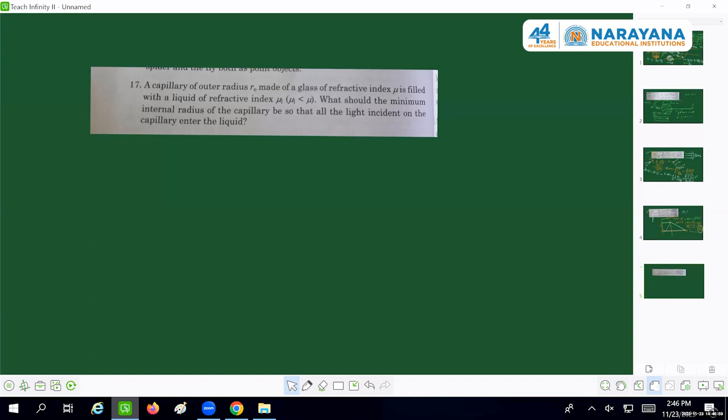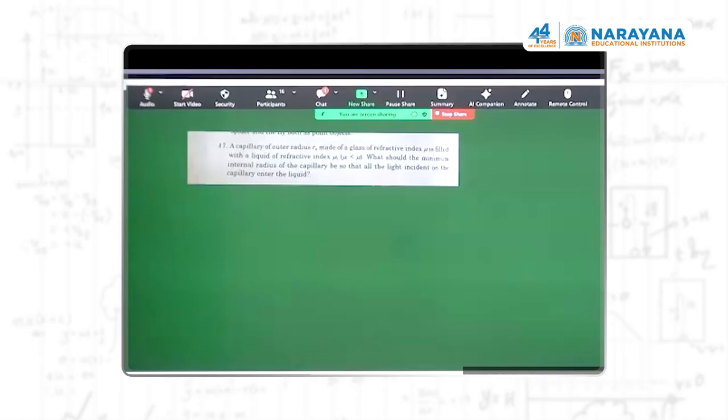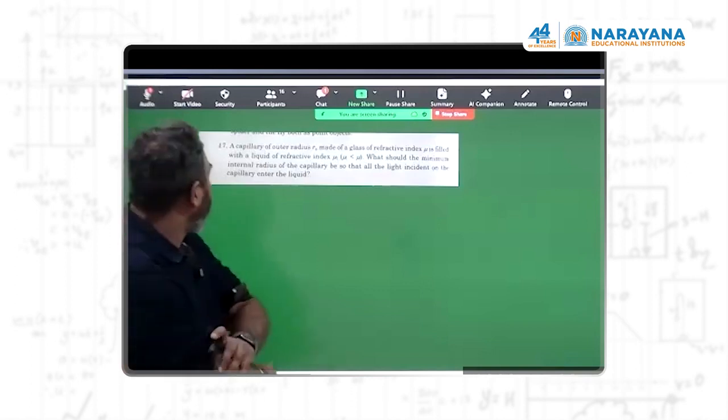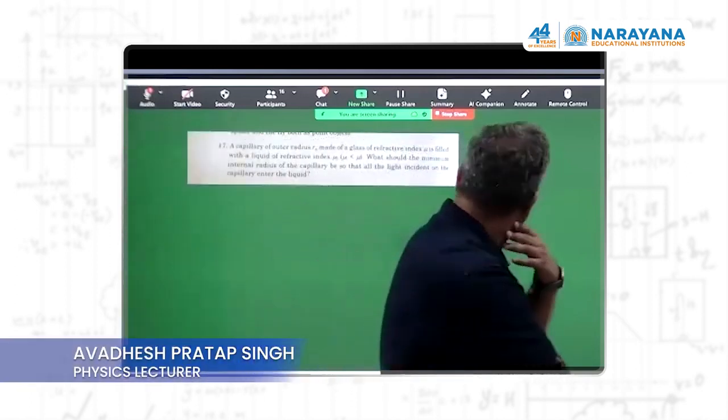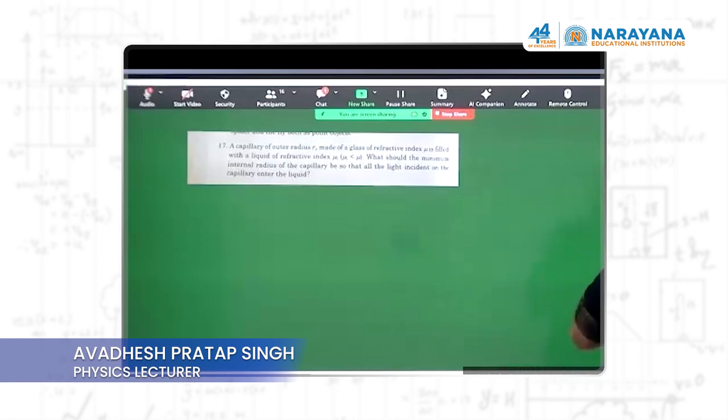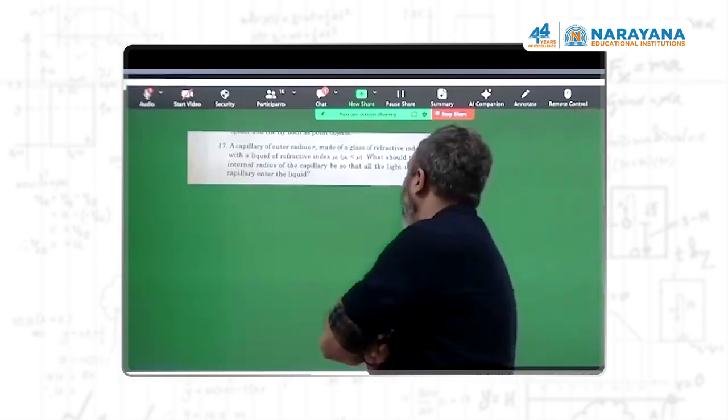In this case, again, there is a capillary tube which has an outer radius R0, and it is made up of glass of refractive index mu. It is filled with liquid, right? Having refractive index mu1, and mu1 is less than mu.